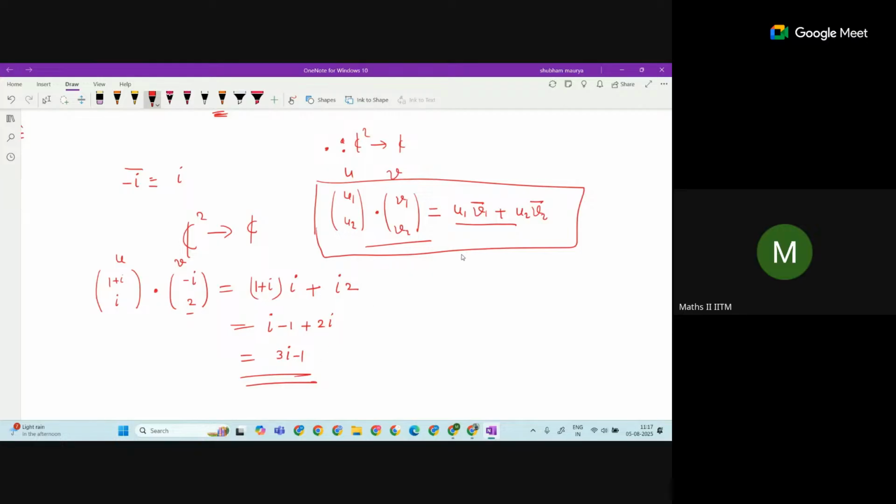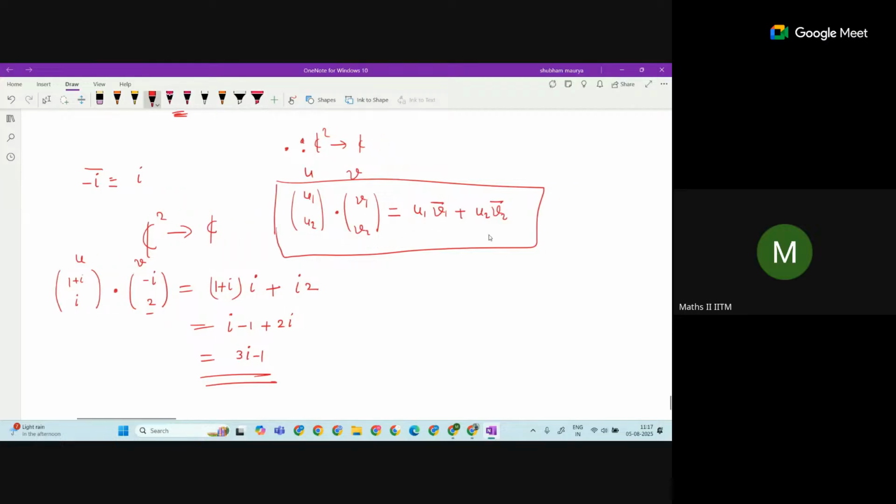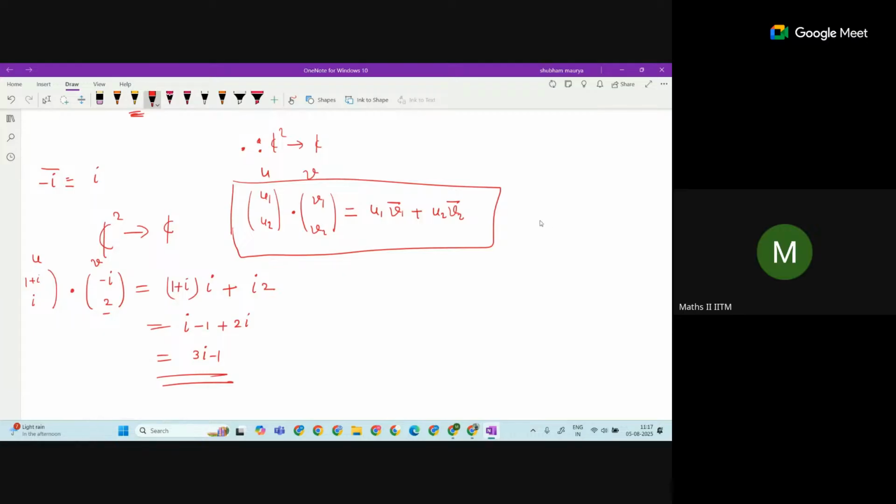So this is what it is. If anyone is facing a problem doing this, I am making a simplified version from my side. Let's make it u, v transpose, with v star. Just a second, u1, u2.